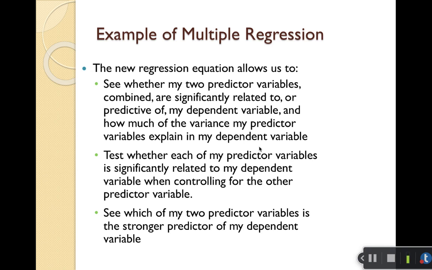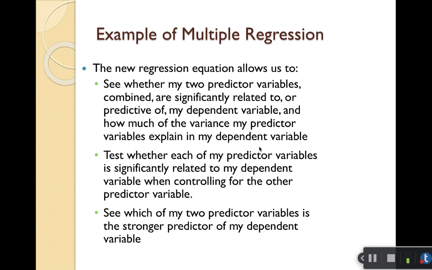So by including more than one independent variable or more than one predictor, this new regression equation allows us to do a couple more things. We can see whether the 2 variables combined are significantly related to or do a good job of predicting our outcome. And we can also look at how much of that variance is explained by those two variables together.